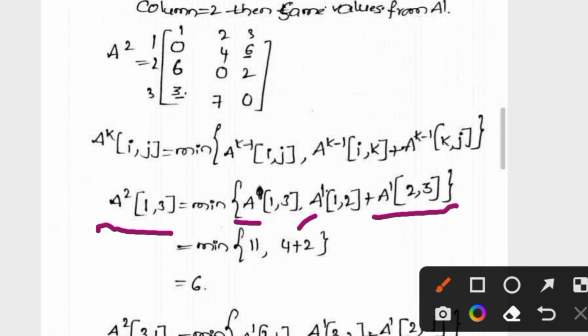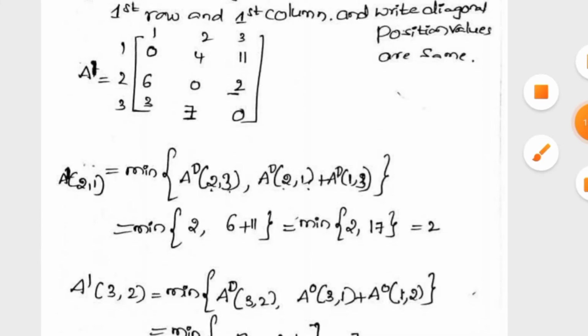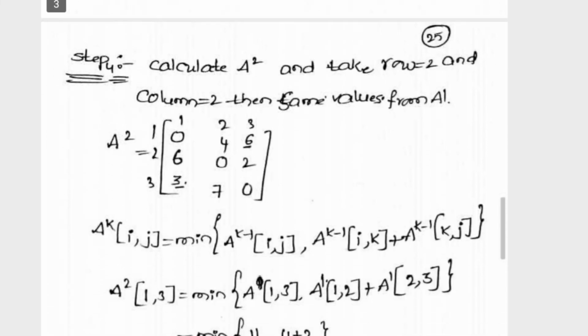Now the A power 1, 1 comma 3 value we have to take from the A power 1 matrix.